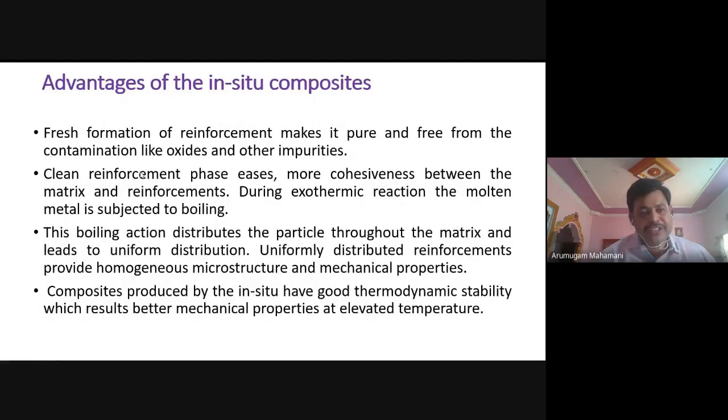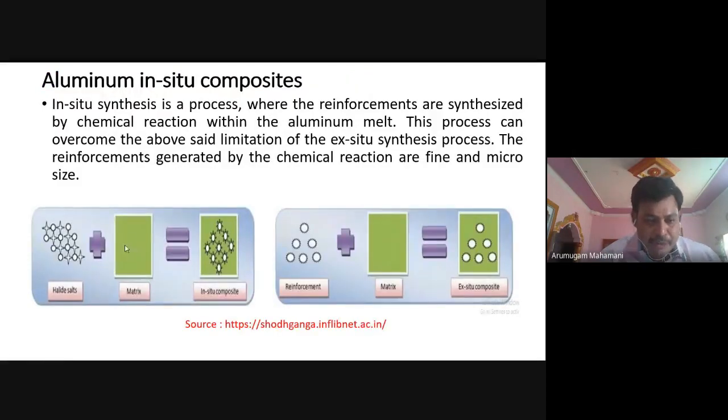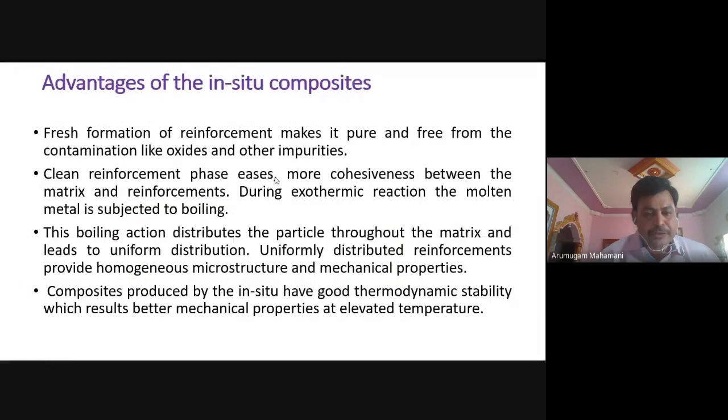So the advantage of in situ composite is the fresh formation of reinforcement, which makes it pure and free from contamination like oxide. Because in in situ synthesis, the TiB2 is freshly formed, there is no scope for any impurities or any oxide formation. Then a clean reinforcement phase is available, with more cohesiveness between the matrix and reinforcement.